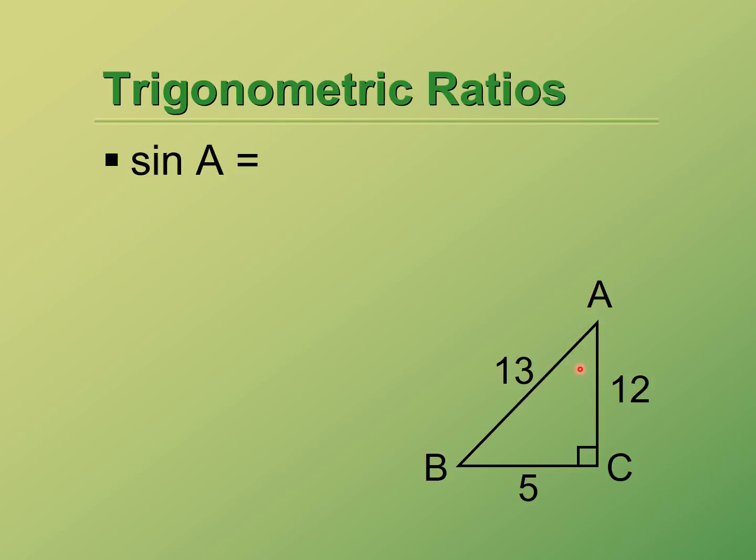So opposite would be 5, and the hypotenuse of this triangle is 13. So sine of angle A would be 5 over 13. That means cosine, which is adjacent, would be 12 over 13. Tangent is opposite over adjacent, so that would be 5 over 12.